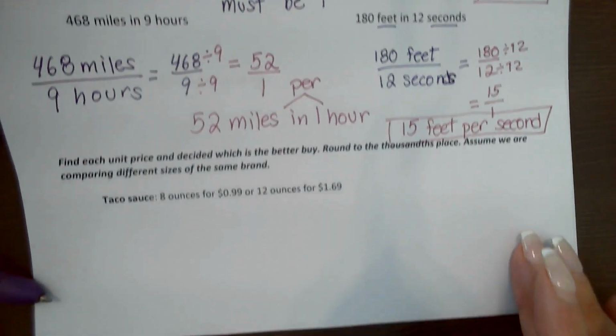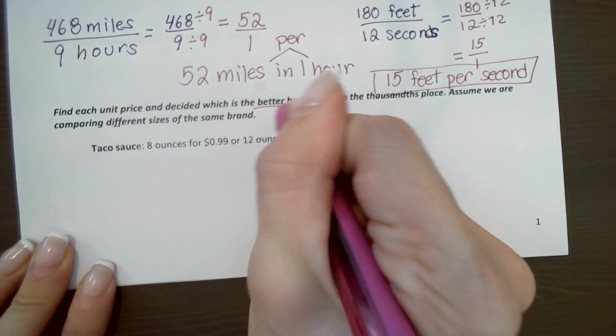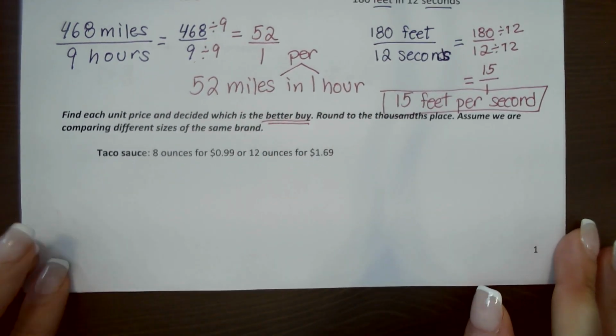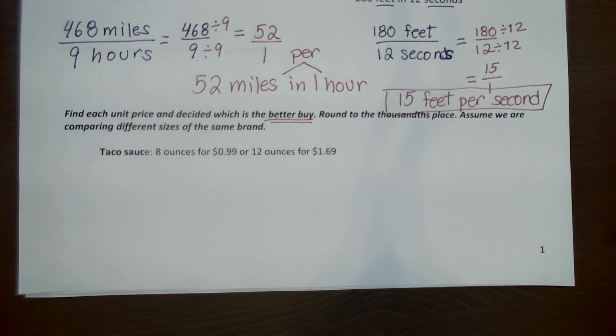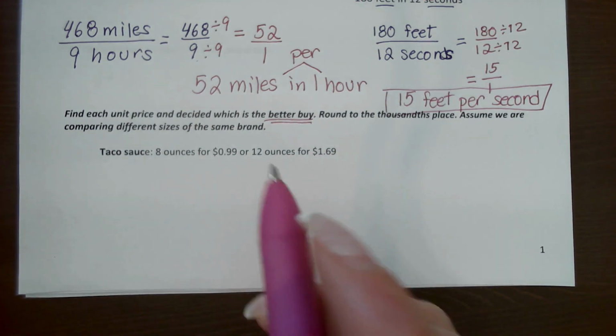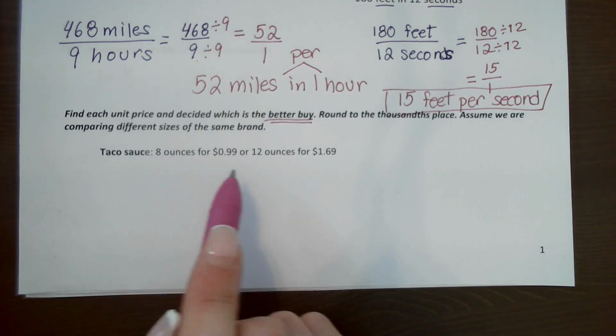Okay, now the next question is asking us to find the better buy. So we're looking for which price is going to be the most reasonable, or the cheapest, honestly, because I don't want to pay extra if I don't have to. But they're giving us the original prices for different amounts.